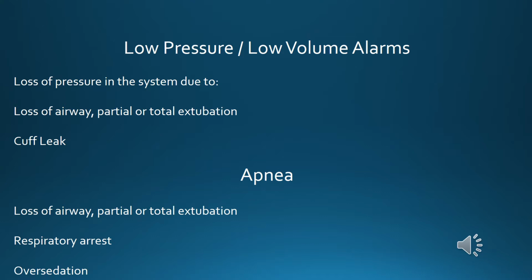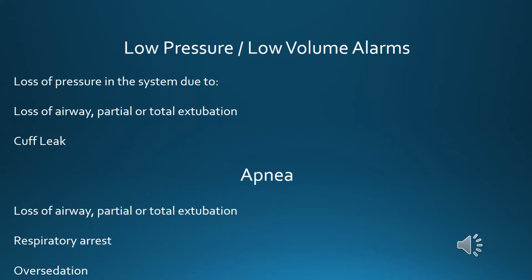The apnea alarm, same thing. Loss of airway, extubation, the ventilator is not going to be sensing the breath volumes and the rate and all that good stuff, and will create an apnea alarm. Another reason for this could be a respiratory arrest.